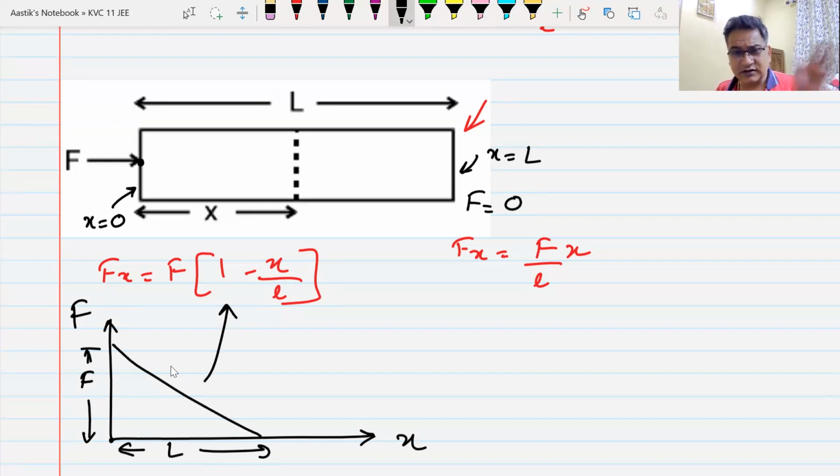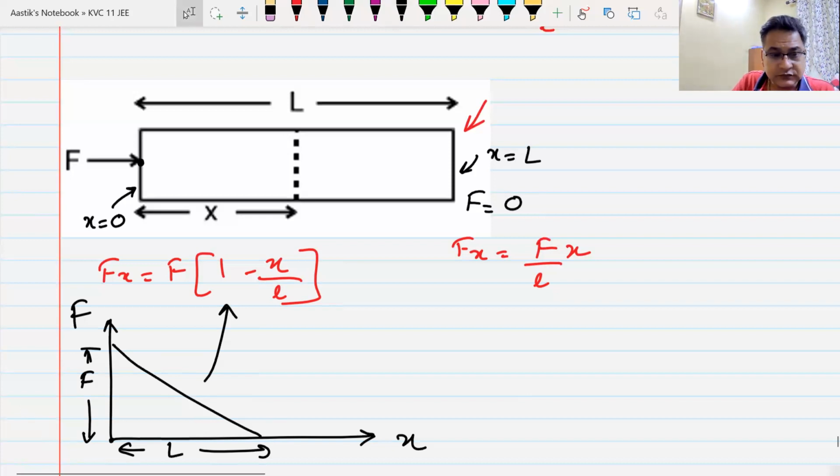Do we understand this? We get this, yes or no? Without using any physics, do we understand this? Now, if you understand this, can you give me the answer for this one?